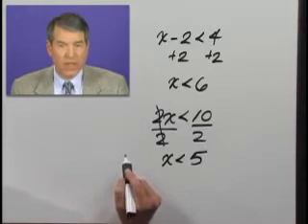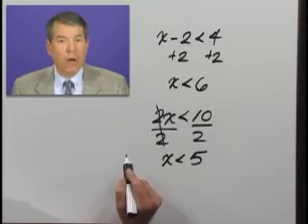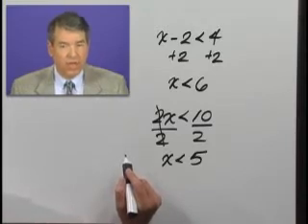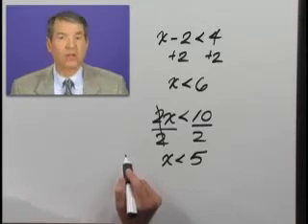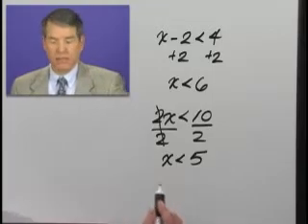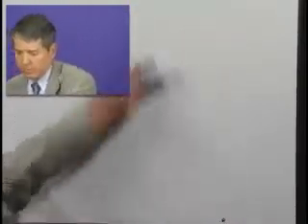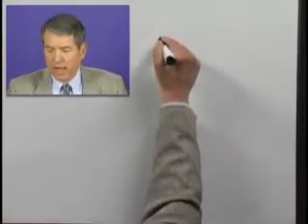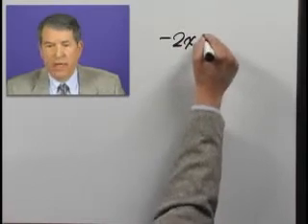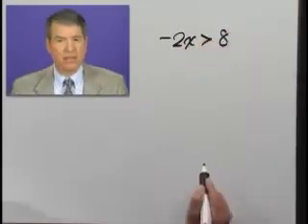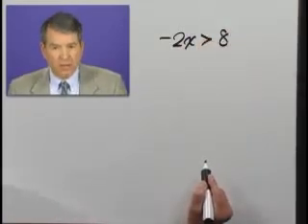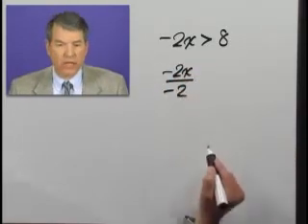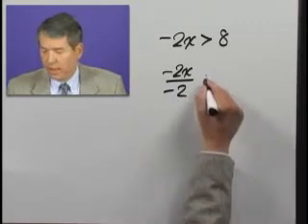I made a point of saying that you need to divide by a positive number. If a negative number had been involved, the inequality would have to be reversed. Let me show you an example of that. If I write the inequality negative 2x is greater than 8, if I want to divide both sides by a negative, I need to remember to change the direction of the inequality.